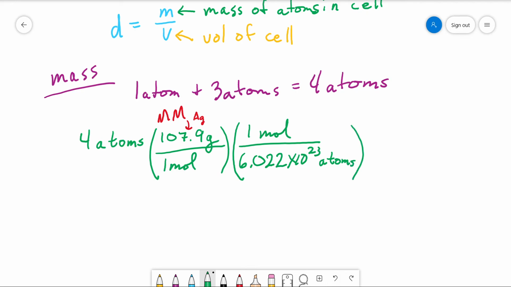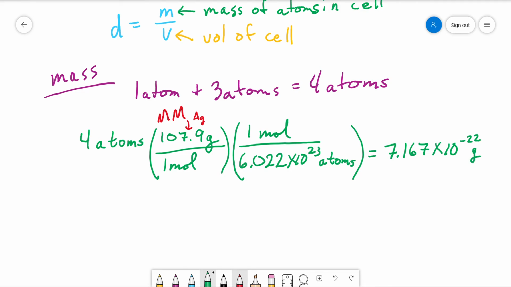So remember, we're really interested in the mass of individual atoms. We're not interested in the mass of a mole, because we're going to be able to calculate the volume of a unit cell, so we need the mass of 4 atoms. Okay? So that gives us 7.167 times 10 to the negative 22nd grams.